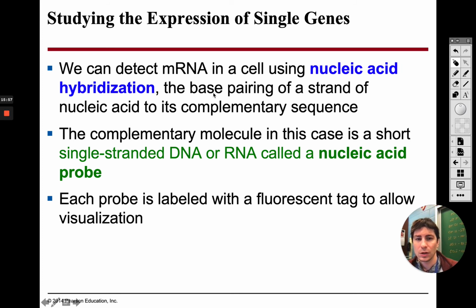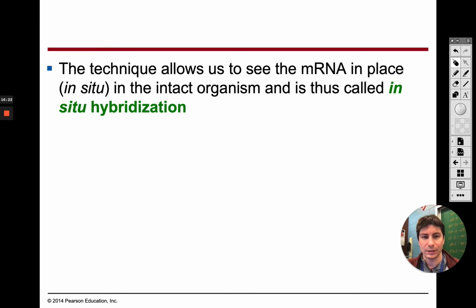We are going to have one strand of DNA, and we're able to detect what the mRNA would be on that complement. We're going to do this by using something called a nucleic acid probe. I know I've shown you guys karyotypes in the past that have fluorescence on them, but we're going to use a fluorescent tag to show us what everything looks like.